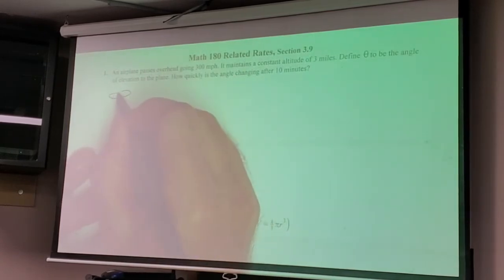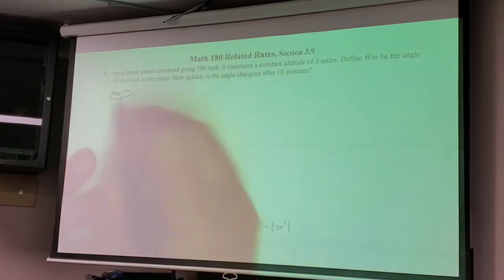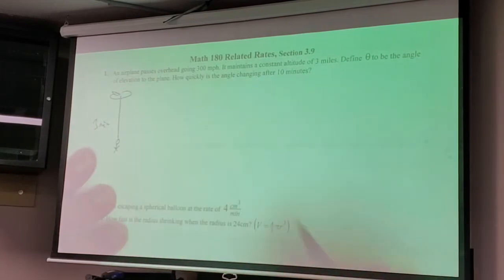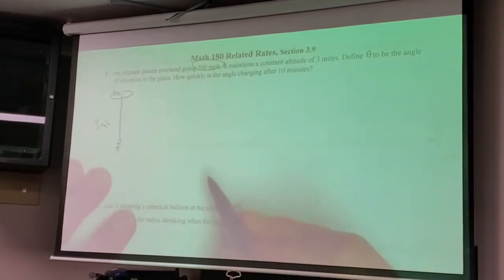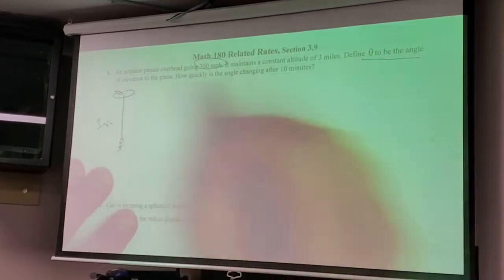So here's my plane. Here I am. It's right overhead, and how far up is it? Yeah, 3 miles. It's going 300 miles an hour. Theta is the angle of elevation.